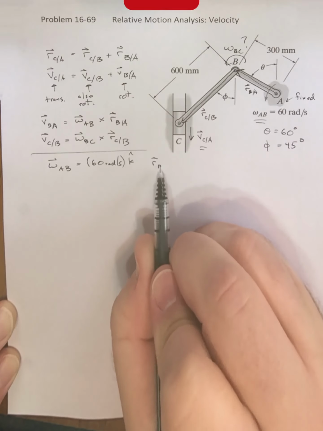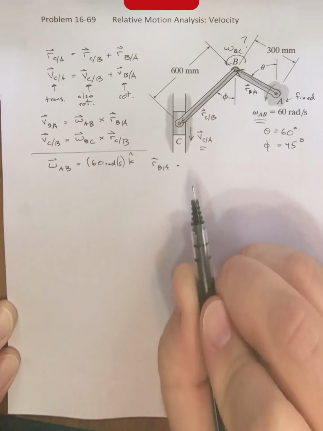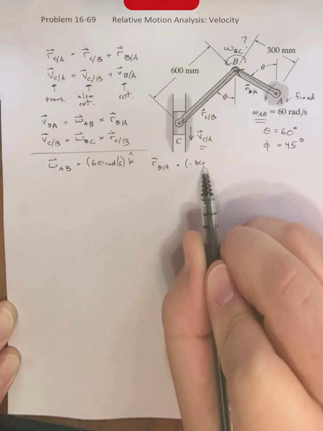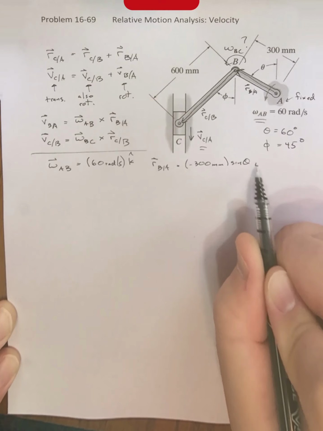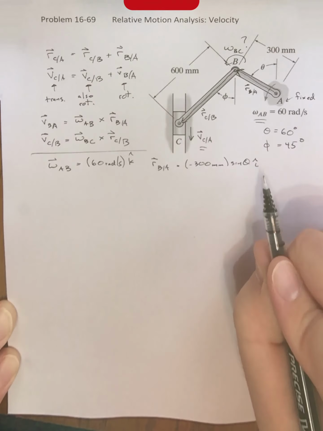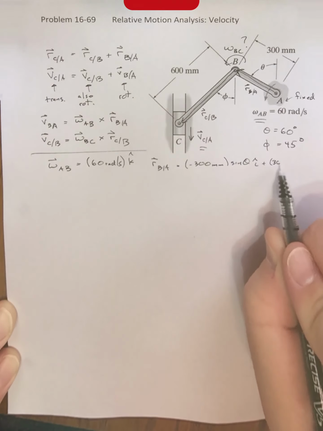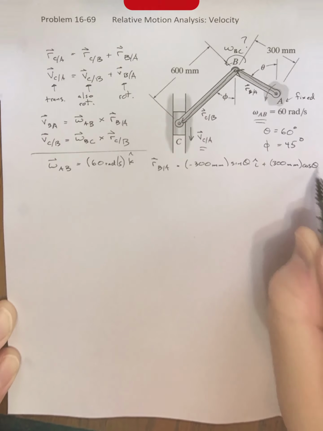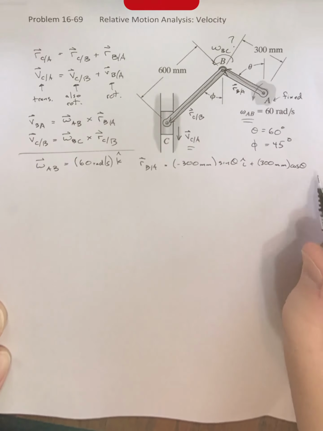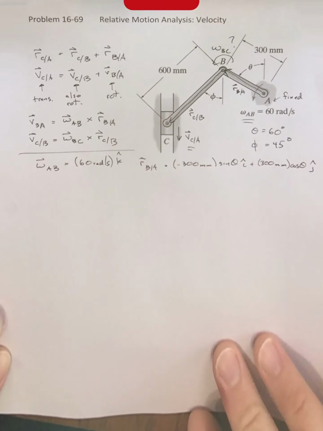So our B slash A is equal to negative 300 millimeters times the sine of theta times i hat, that's the negative x component, plus 300 millimeters times cosine theta times j hat.